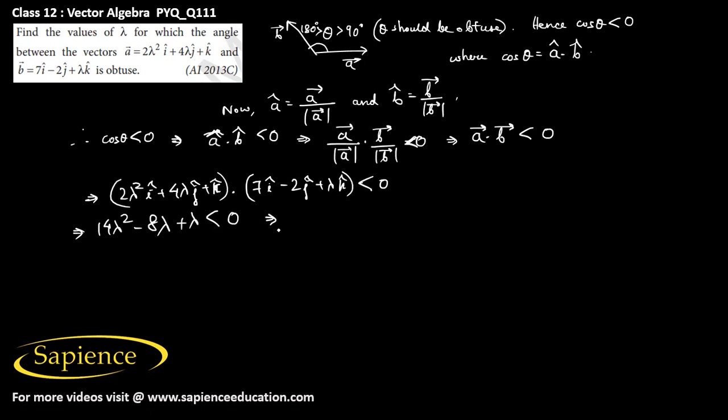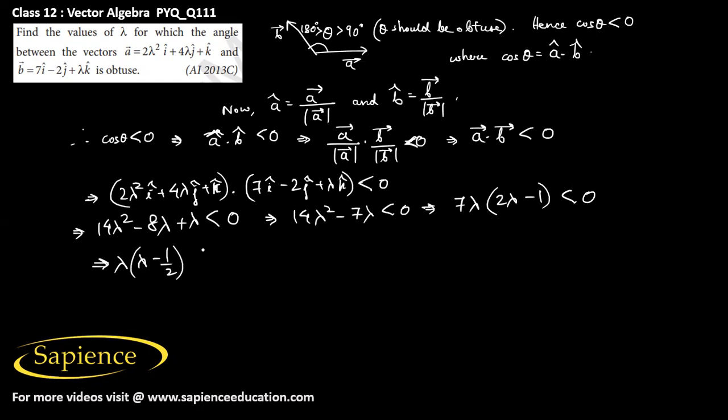So it is 14 lambda square minus 7 lambda less than 0. Taking 7 lambda common, we get 7 lambda into 2 lambda minus 1 less than 0, which means lambda into lambda minus 1 by 2 should be less than 0.